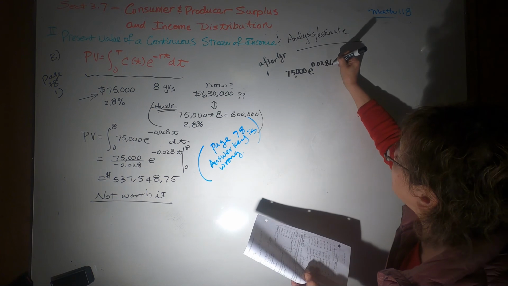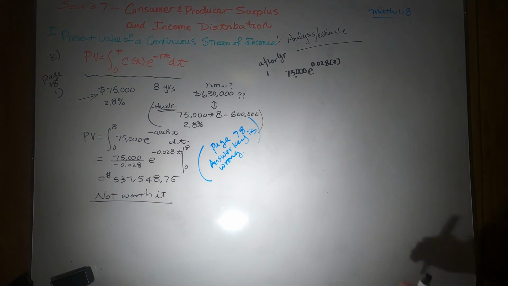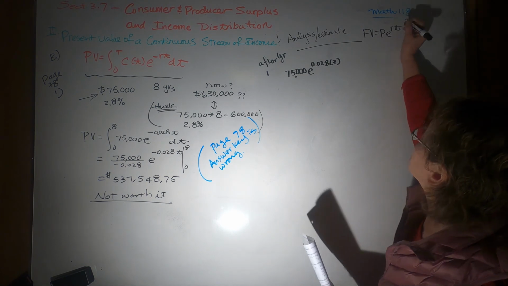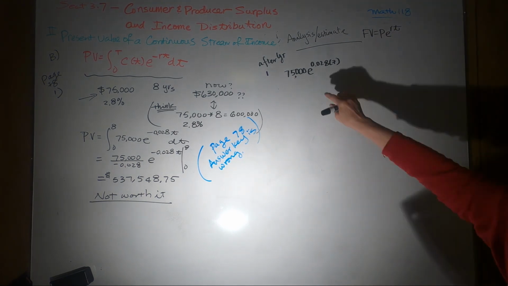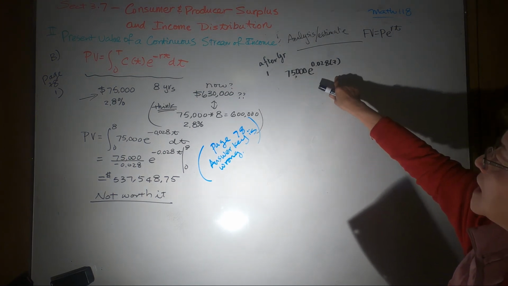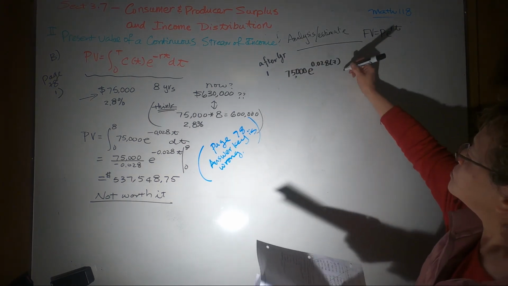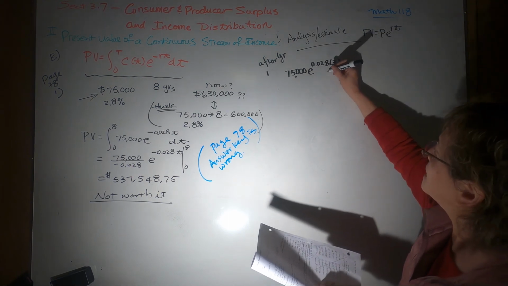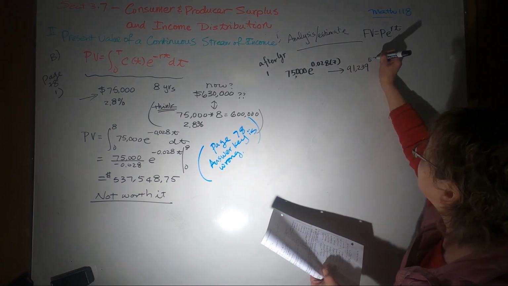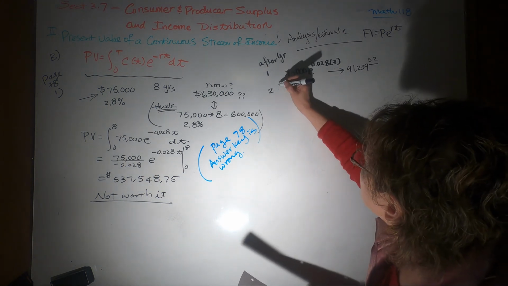So it's continuous compounding, so we use future value equals P e to the rt. For the first $75,000, after the first year till the 8th year, I should have $91,239.52.